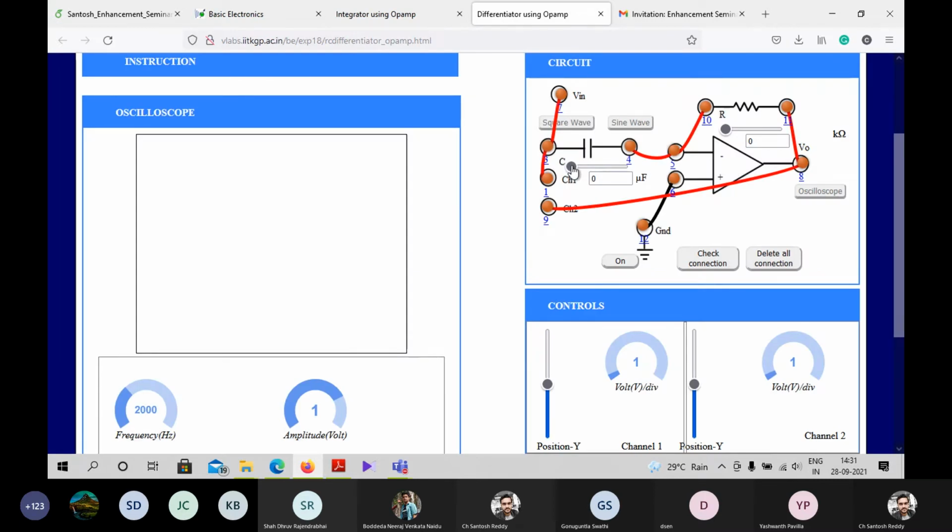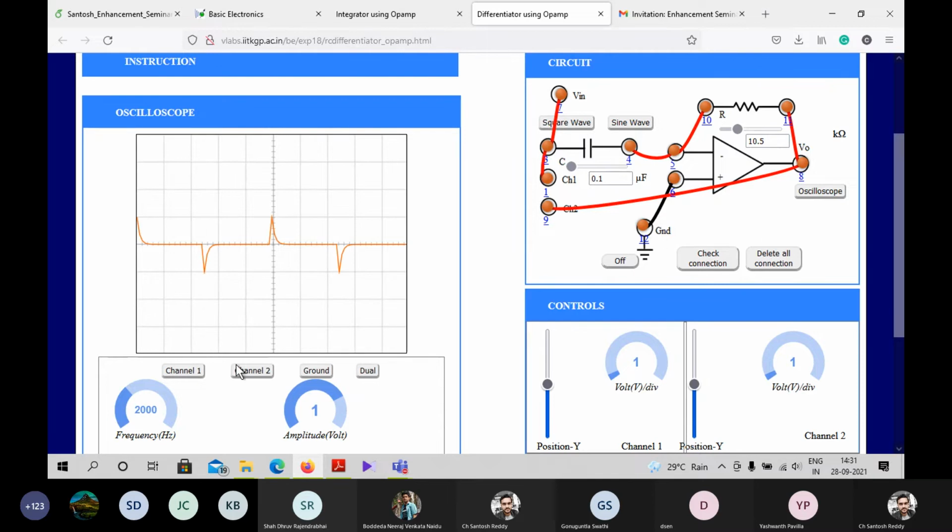Then I'm keeping a capacitance of 0.1 microfarad and a resistance of, let's say, 10.5 K. Then I'm switching on my circuit. Let's give a square wave as the input and see the oscilloscope output. Let me set it to dual.